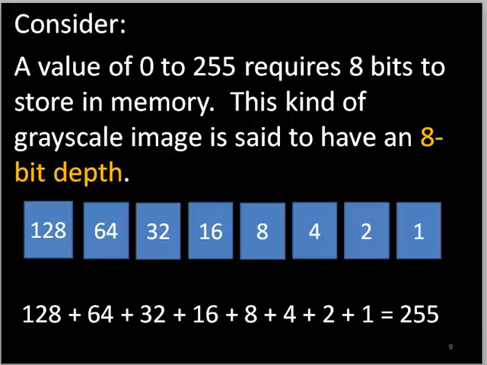So each pixel giving us a value that is converted to an 8-bit byte, or an 8-bit grayscale depth, is just a grayscale image. We haven't yet looked at the effect of color, and we will in a moment.